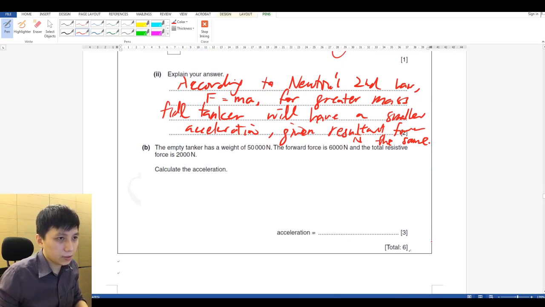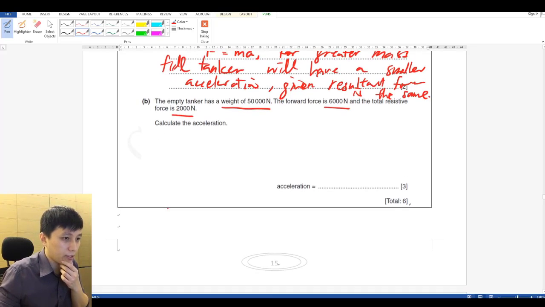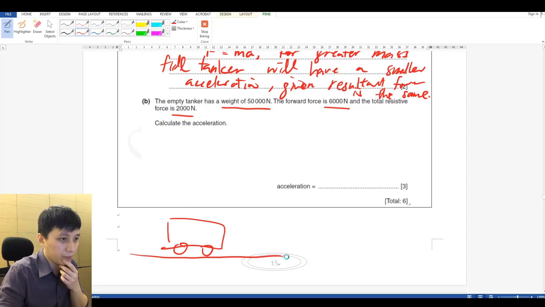Okay, next is probably just doing the calculation. So it said weight, this is the force, this is the resistive force, that means going backward. So if you try to draw a diagram, that's the best I can draw for a lorry.